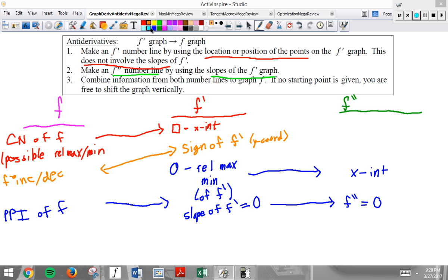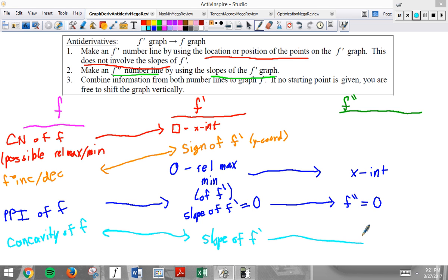And then the most interesting case is the concavity connection here, which is the same as the slope of f prime, which is the sign of f double prime.